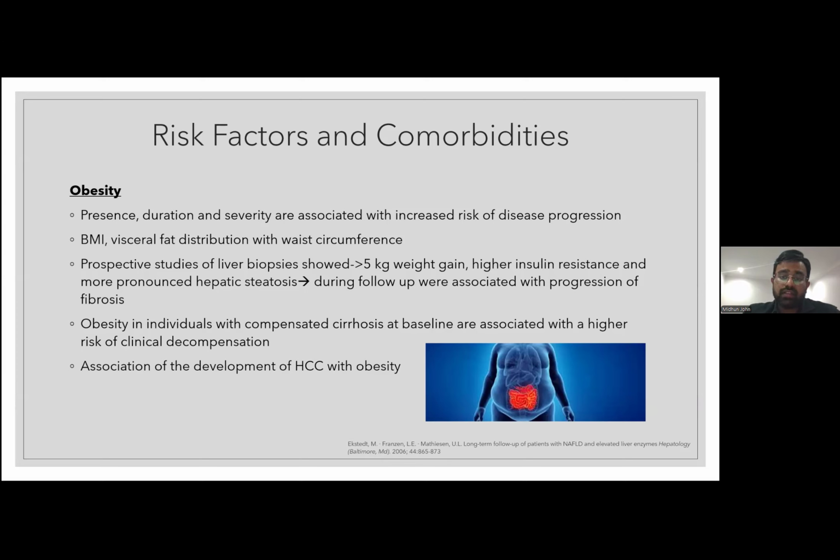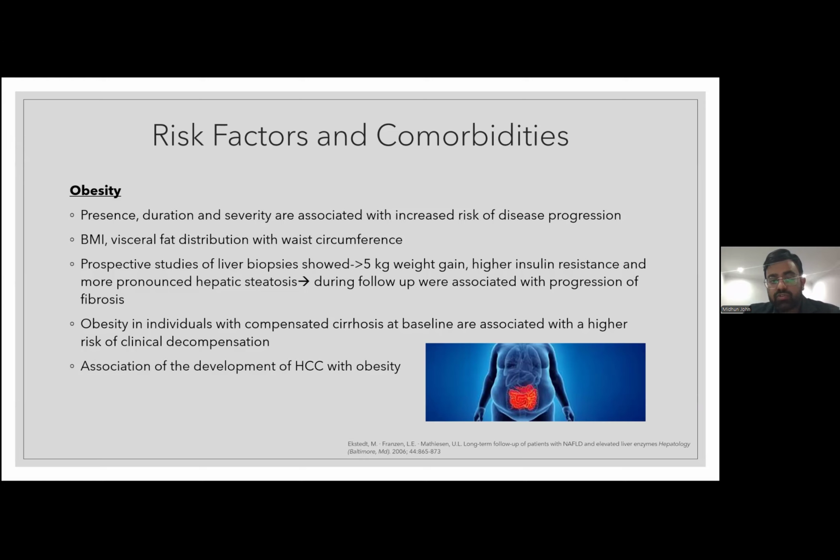And what they found is that there was a higher insulin resistance as well as more pronounced hepatic steatosis. And when they did a follow-up, they found that there was quite a significant progression to fibrosis, which therefore begs the fact that obesity plays a very, very big role in this disease profile.